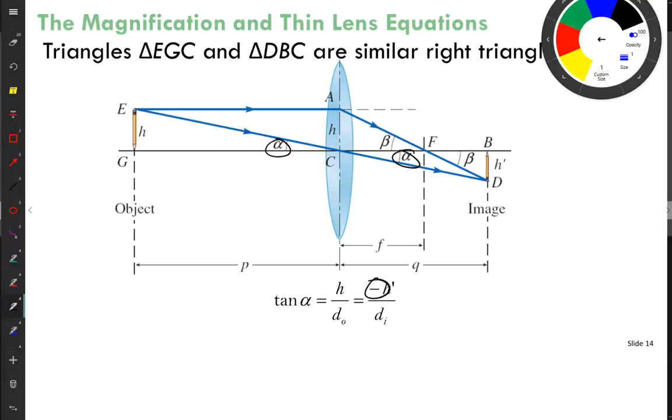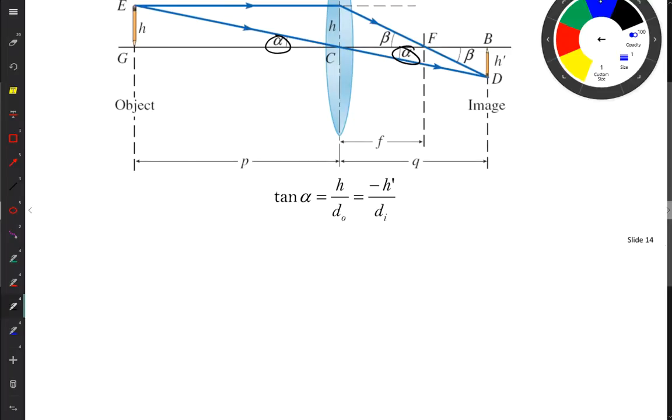Why is there a minus sign there? Because it's inverted, that's right. So this is one relationship that relates the heights and the image and object distances. Now I can take this and solve for the magnification.